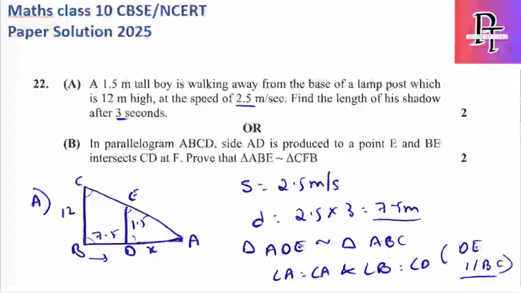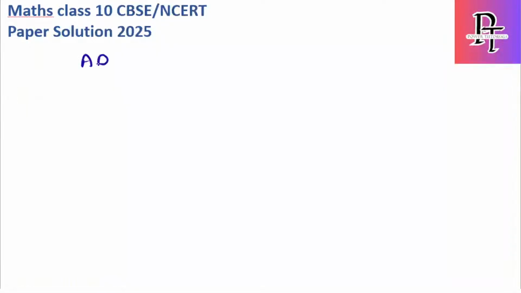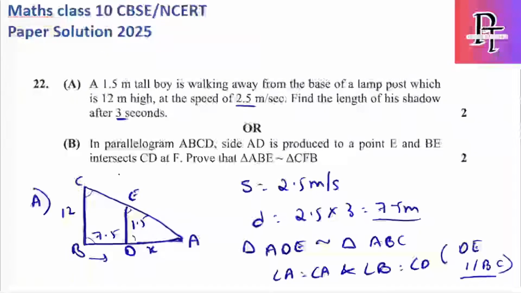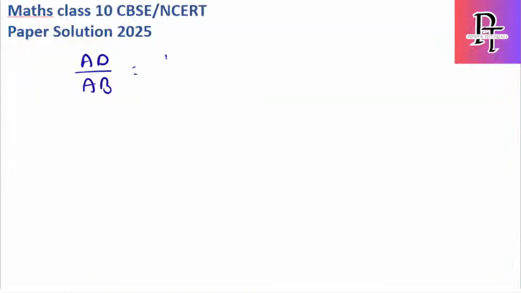Okay, so now we have two similar triangles, and we have to find x here. Using the similar triangles property, that is, corresponding sides are proportional, I will take AD by AB, which is equal to the corresponding sides DE by BC.